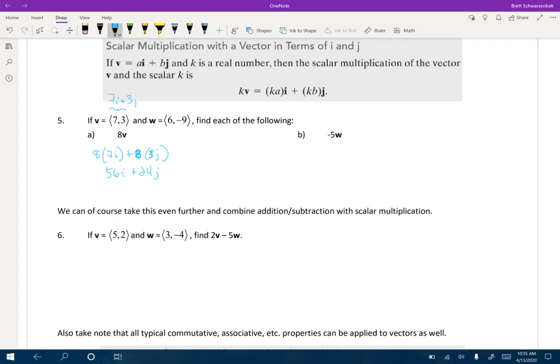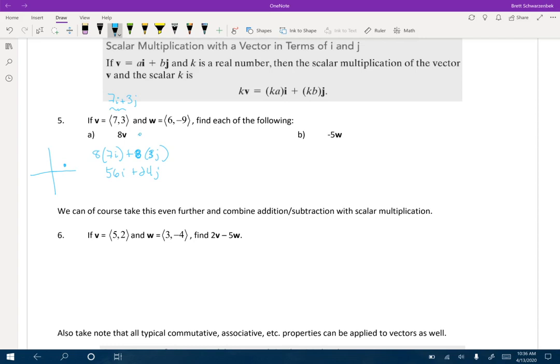I guess it's kind of hard to draw, but if you went over 7 and up 3 to here, then you would want a vector 8 times the length but in the same direction. So 56, 24 would probably be a point over here.